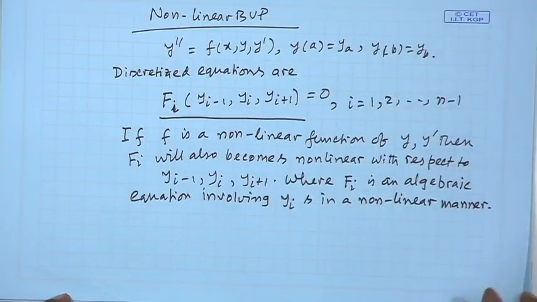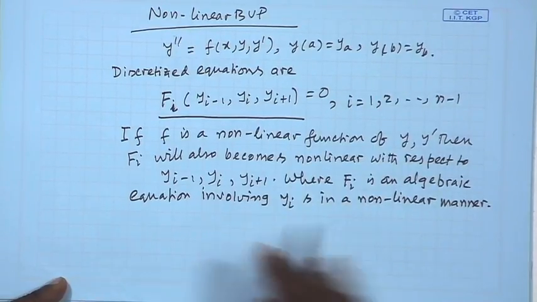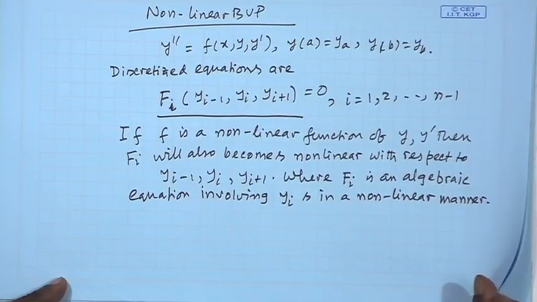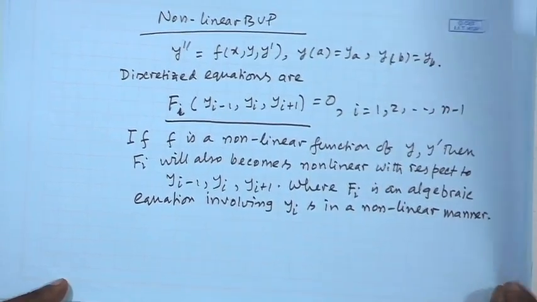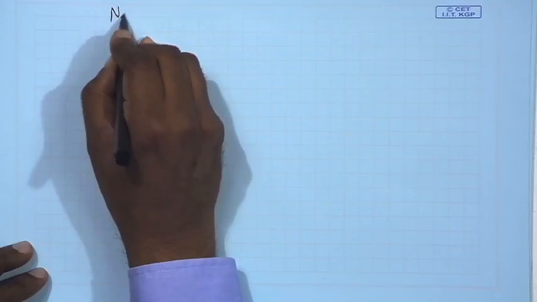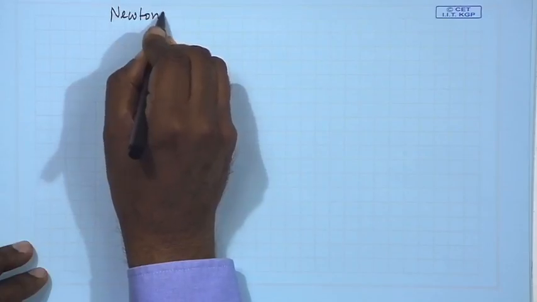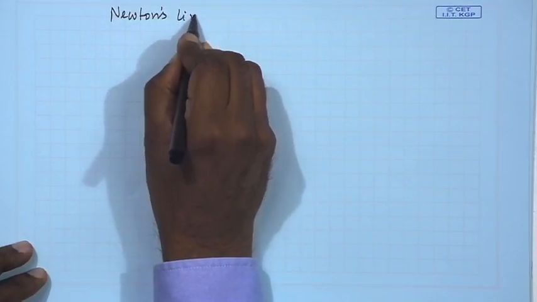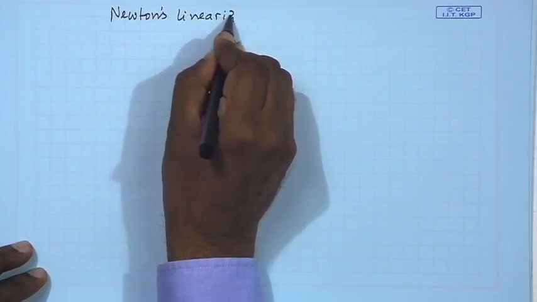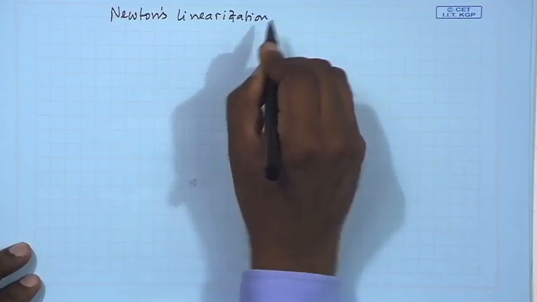To cope with the nonlinearity, we use the Newton-Raphson method. So, we solve this equation by Newton's linearization technique. It is an iterative procedure.